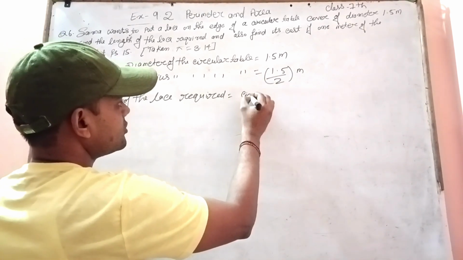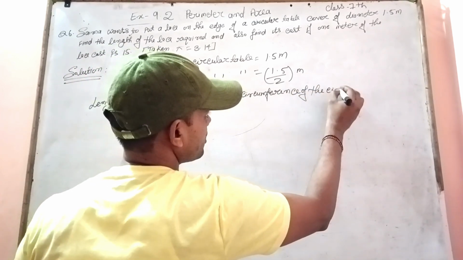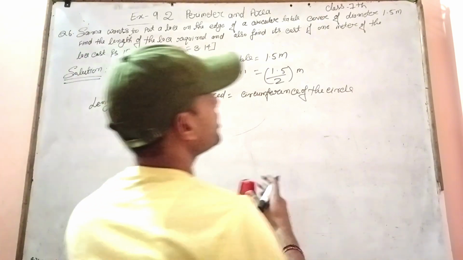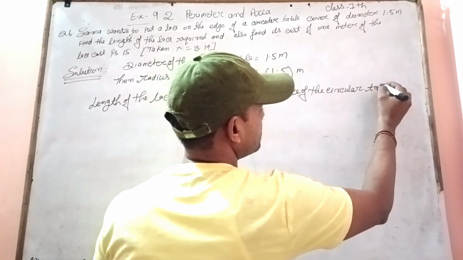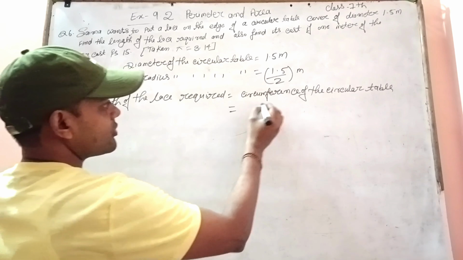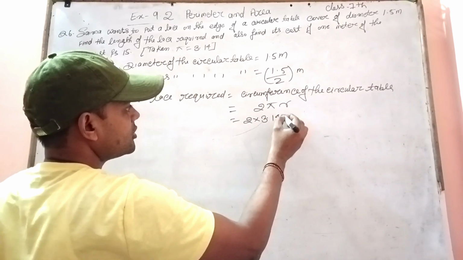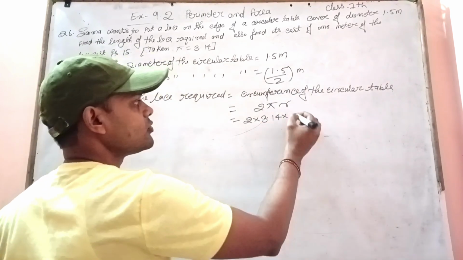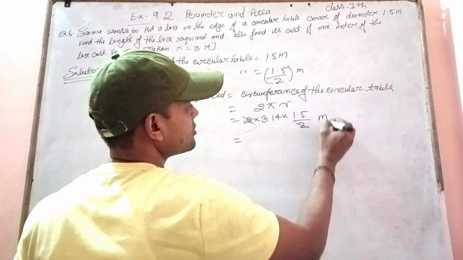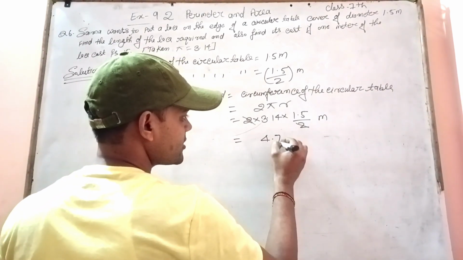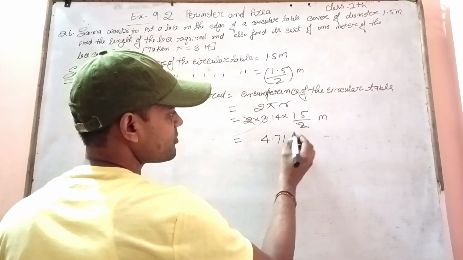Length of the lace is equal to circumference of the circular table, is equal to 2 pi r, is equal to 2 into 3.14 into radius 1.5 by 2. 2 cancels out, unit is meter. 1.5 into 3.14 is equal to 4.71 meter.